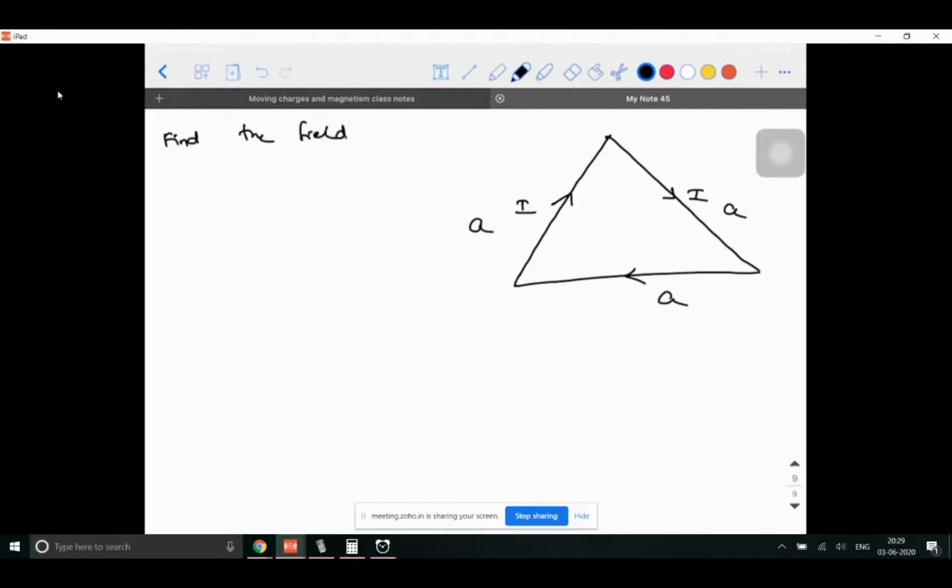Find the field due to the given system at the centroid. Can someone tell me how to proceed?